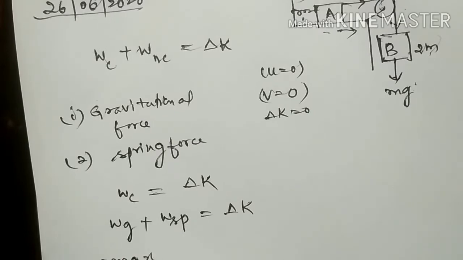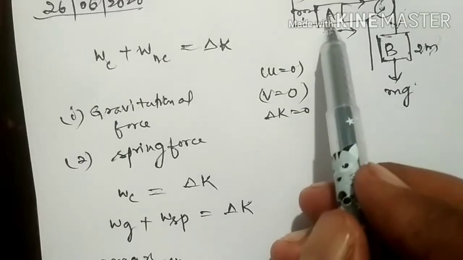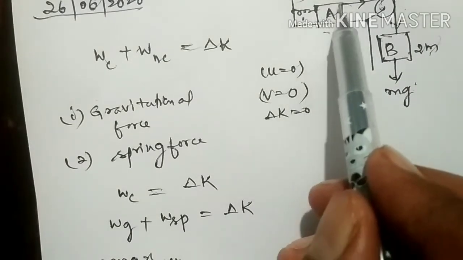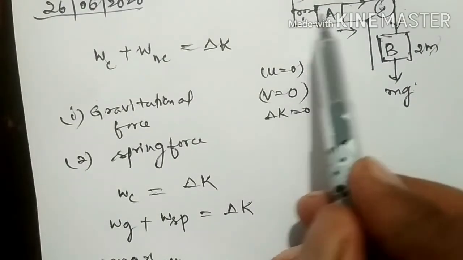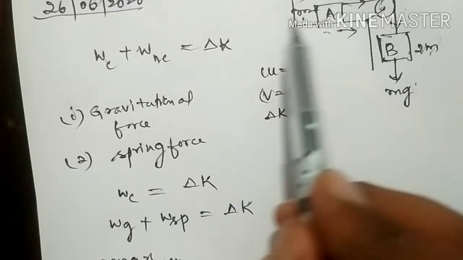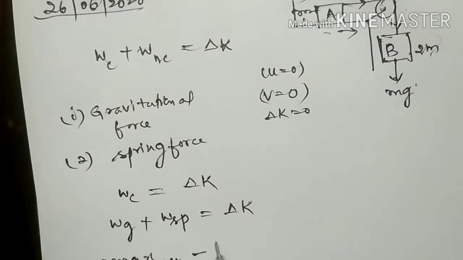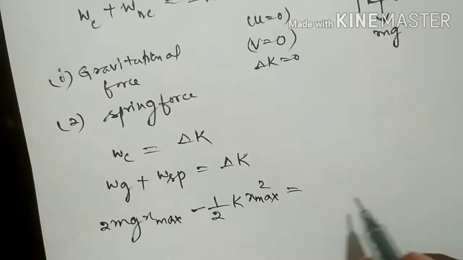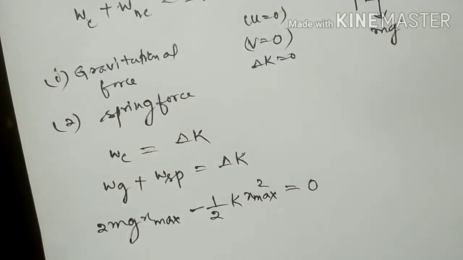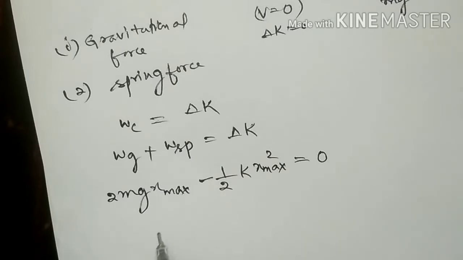So it is 2mg x, a positive work done because the block is moving downwards. But the spring force is pulling the system to the other side, not in the same direction. So work done will be negative: minus half k x maximum square is equal to the change in kinetic energy, which is equal to 0.